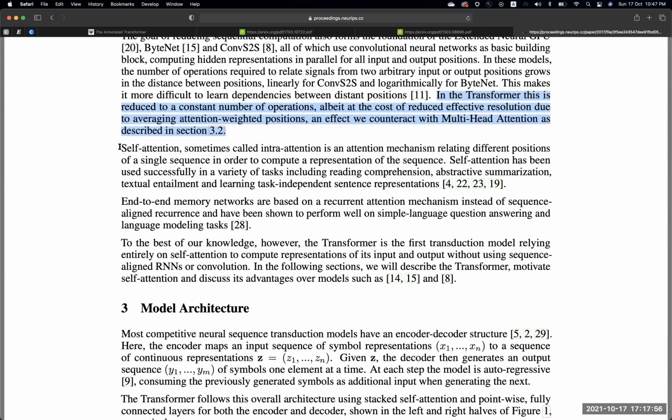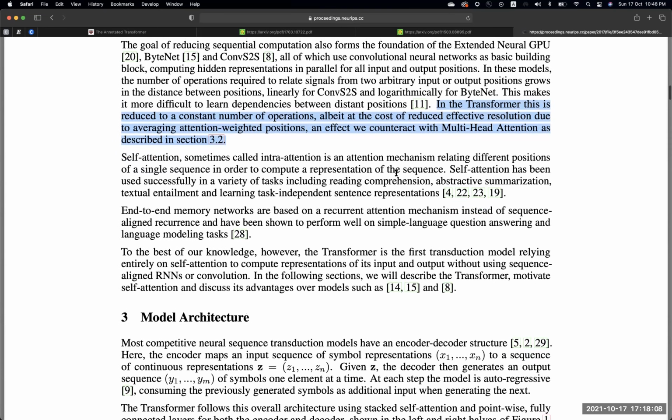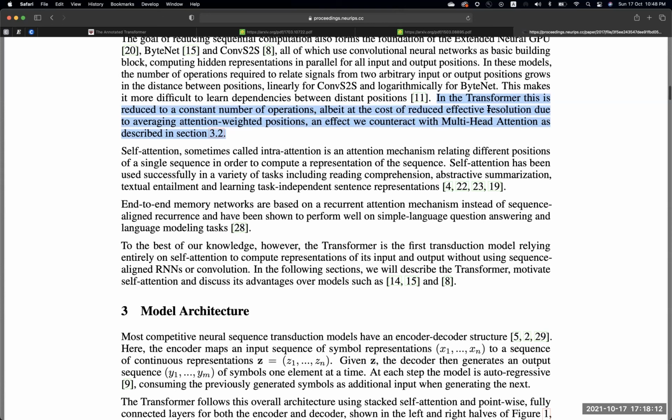Okay, so what they are trying to say is that they have reduced the number of operations for relating far end or near end positions, but they have the cost of reduced resolution. I'm not sure in what sense they have used resolution, but to me, by resolution they mean the activation as compared to others.